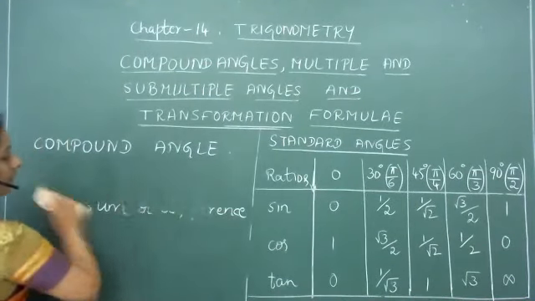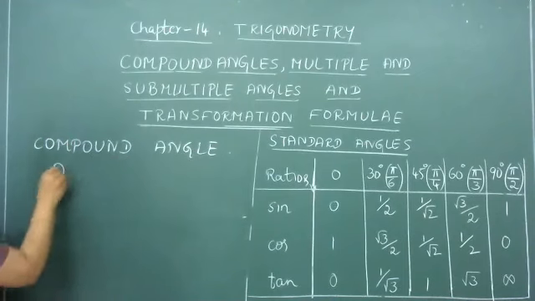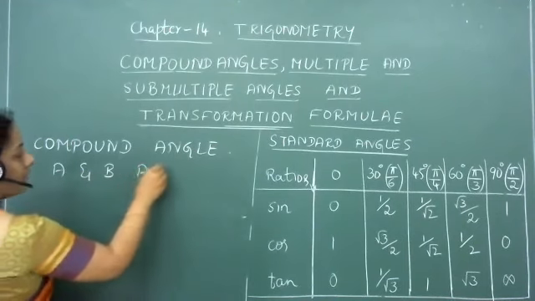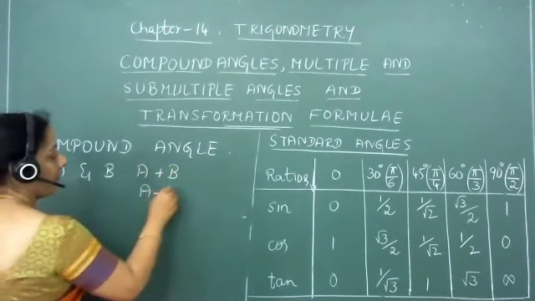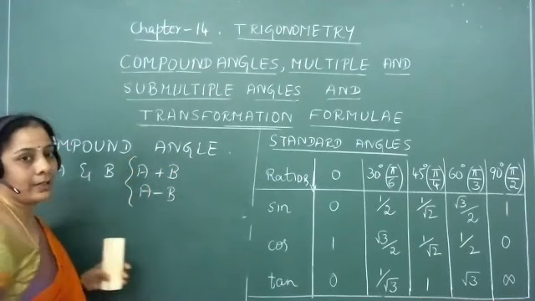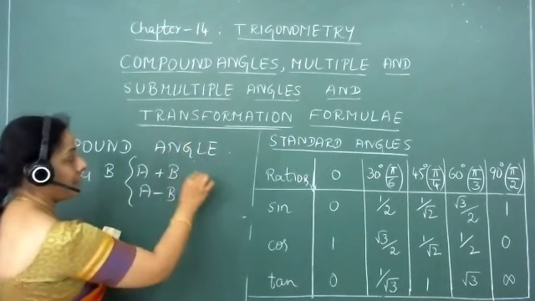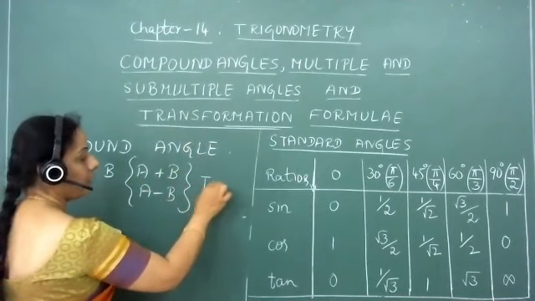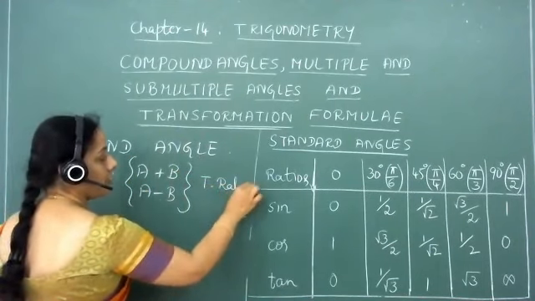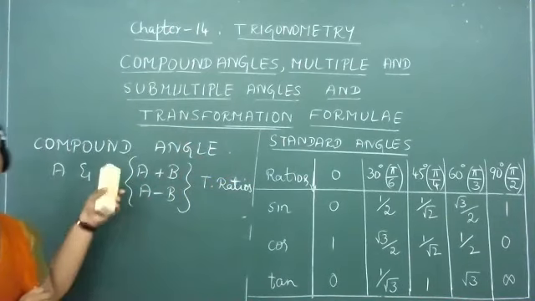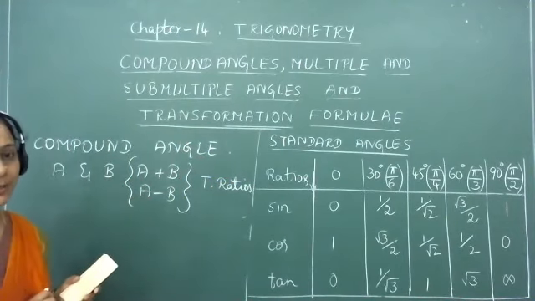So here, for any two angles A and B, the sum A plus B and A minus B will be referred to as a compound angle, and in this chapter we shall be finding out the trigonometric ratios of these types of compound angles.